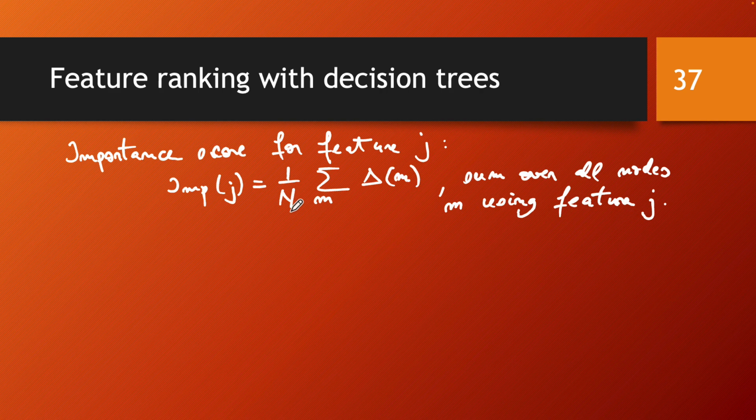And another thing that you also do, another type of normalization, is you want to have them relative to each other. Because otherwise, if you only look at this importance and it's, let's say, the number 72 or something like that, it's going to be very difficult to interpret.